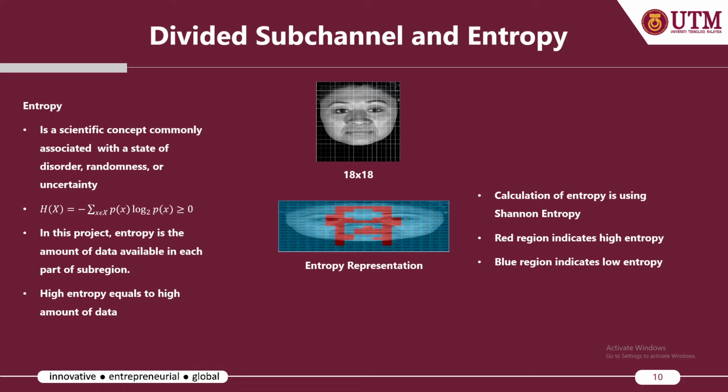In this project, I use Shannon entropy as it is used worldwide. The entropy was calculated and will be used as a data enhancer in the next part of the methodology, which is the LBP histogram. The red part is the entropy that is more than 5, indicating the high entropy area, while the blue part is the low entropy area.